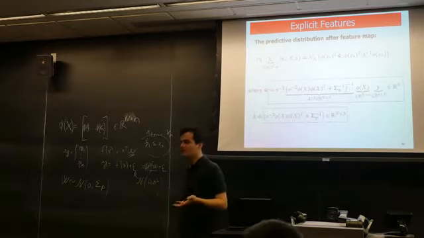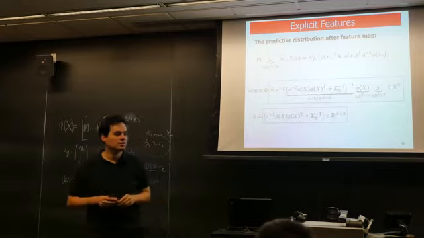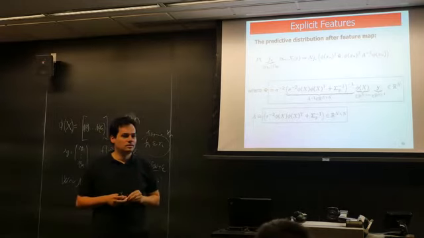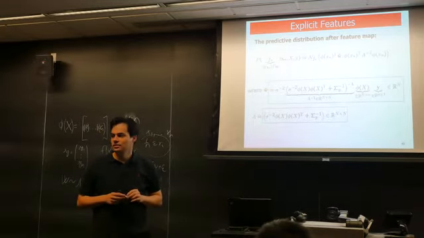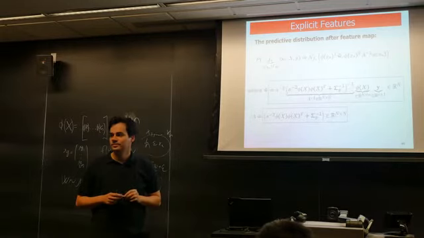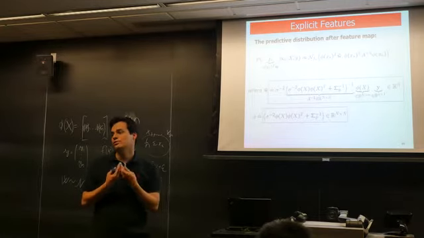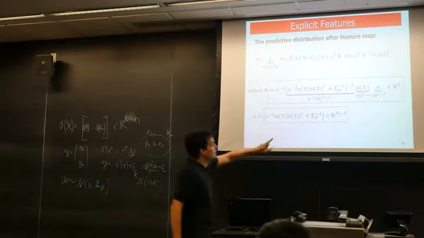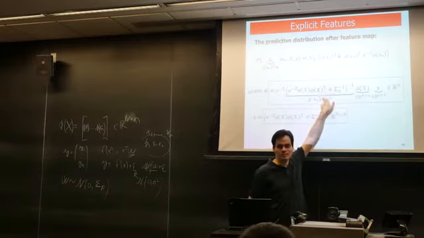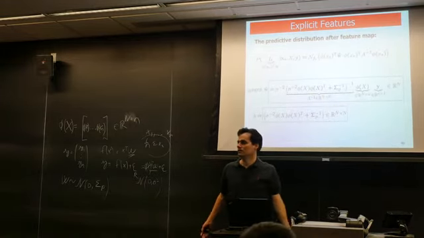In practice, that's difficult to invert. Questions? Are you following me? So this is how you would do it in theory, but if this feature dimension is big, in practice you cannot use this.